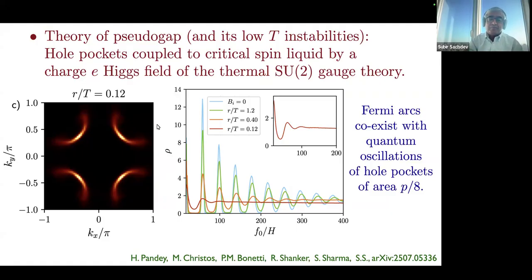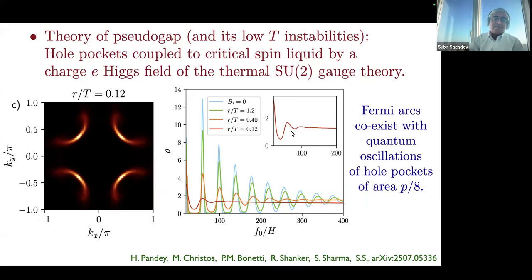In this case, we haven't actually computed the Yamaji angle in this paper, but we computed simple quantum oscillations. And we found that there were regimes where you had Fermi arcs, and at the same time, you had oscillations of area p over 8. So that at least shows that everything hangs together.